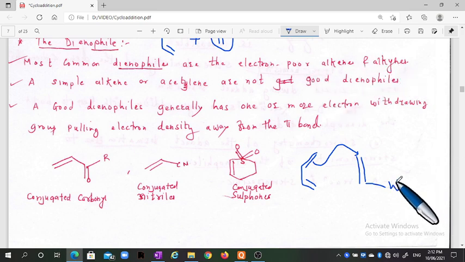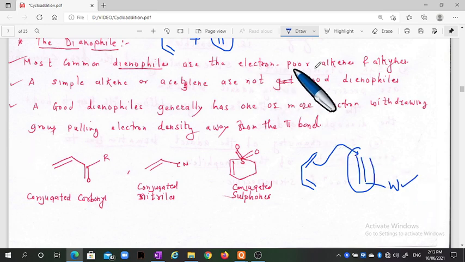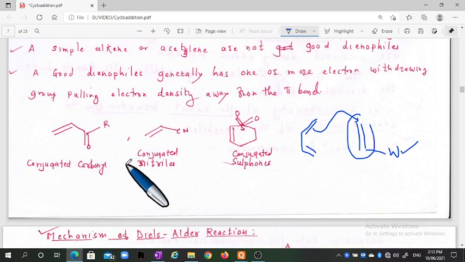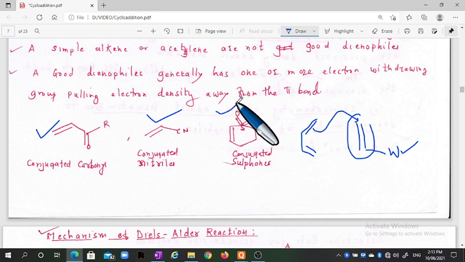A good dienophile generally has one or more electron withdrawing groups, pulling electron density away from the pi system, and therefore it is an electron poor alkene or alkyne. Here are some examples of electron poor dienophiles.